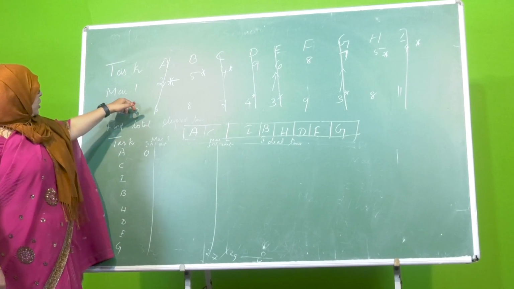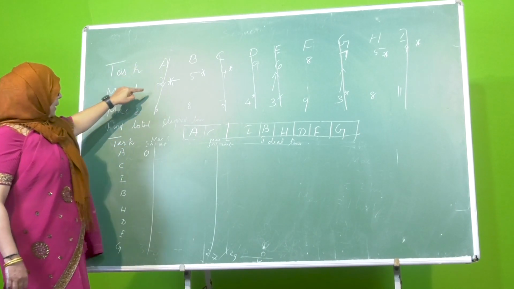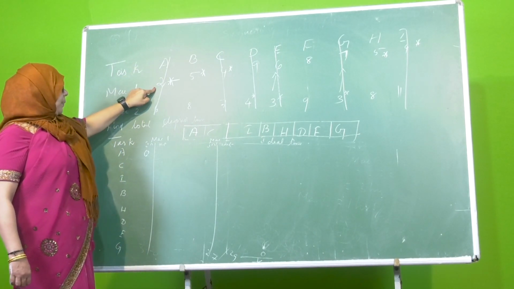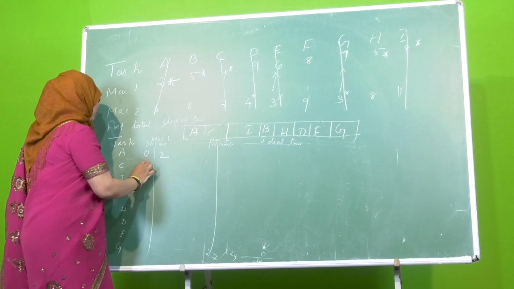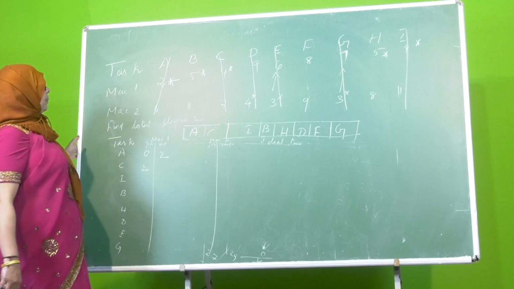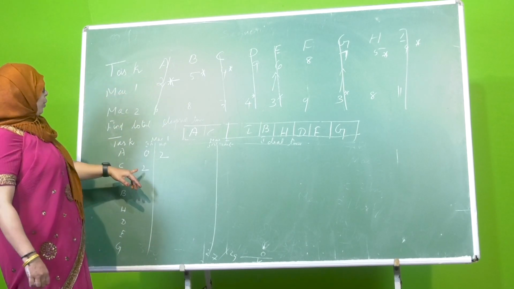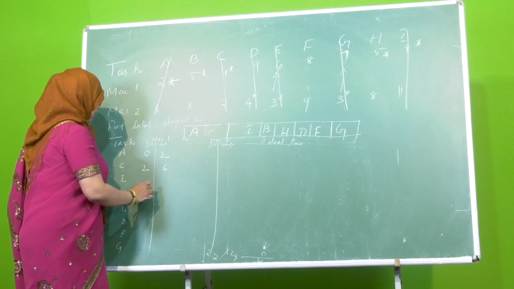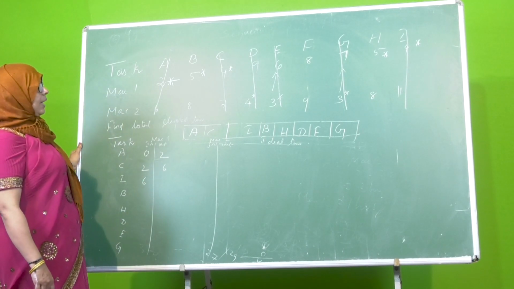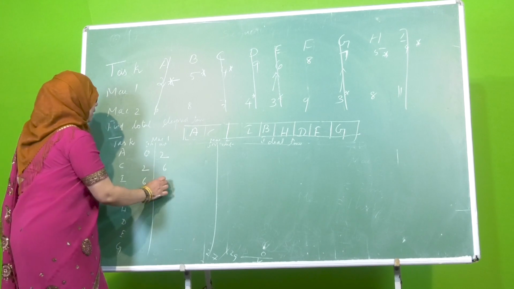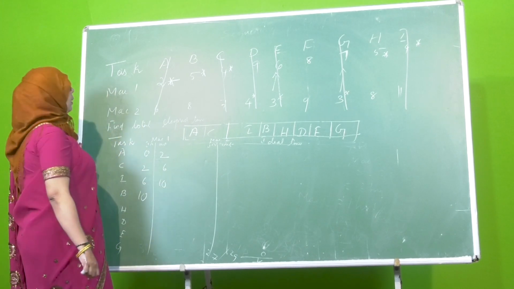Okay. In machine 1, what is the number? A. In 2. That is 0 plus 2, 2. In C, what is the number? 4. 4 plus 2, 6. 6 is here. What is I? Another 4. So 10. 10, B, 5.